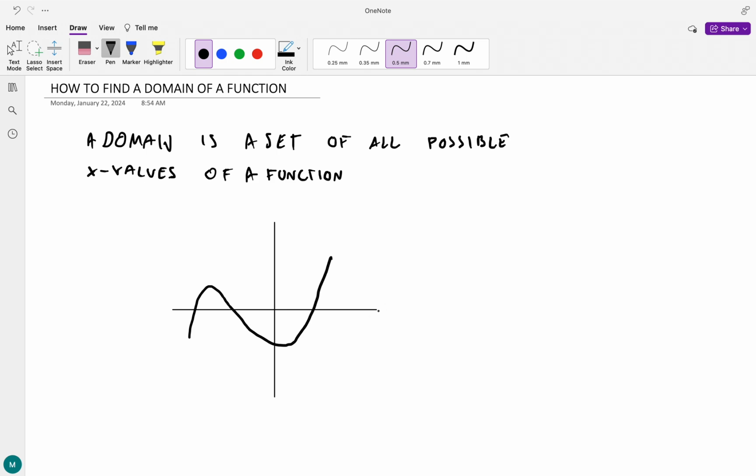The domain of this function is all possible x values that this function can assume. And I already mentioned that all linear functions and all polynomials have a domain that's all real numbers.